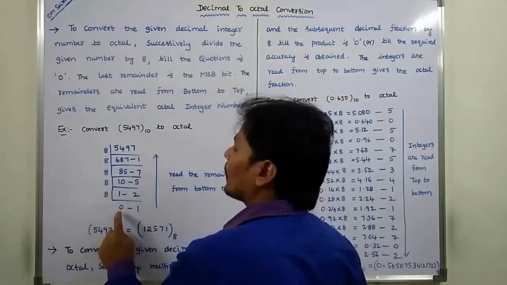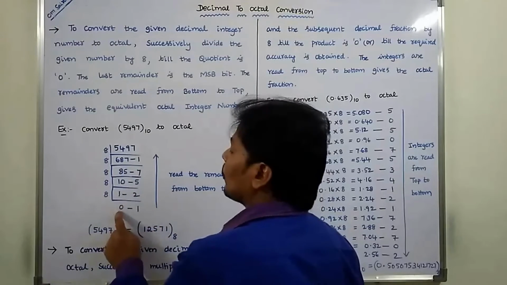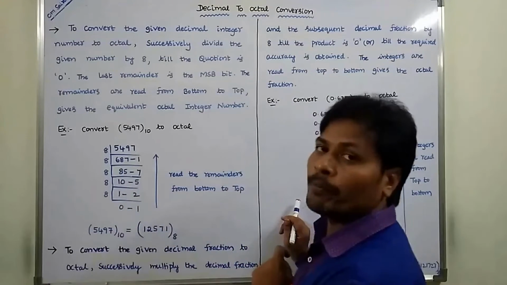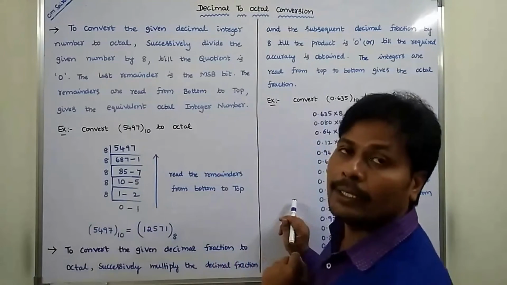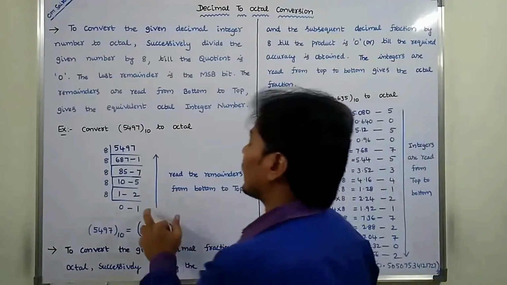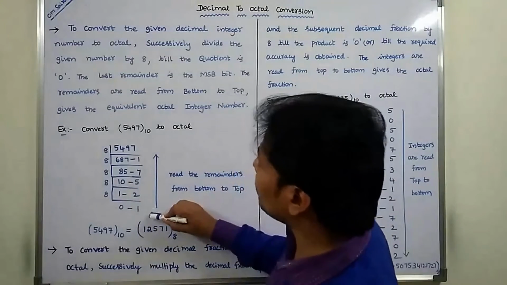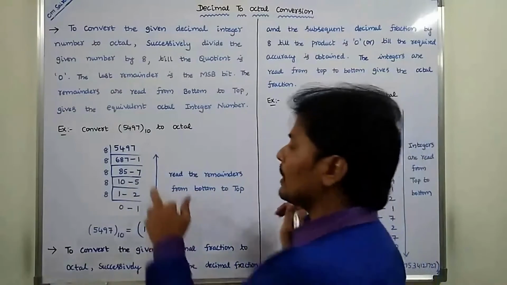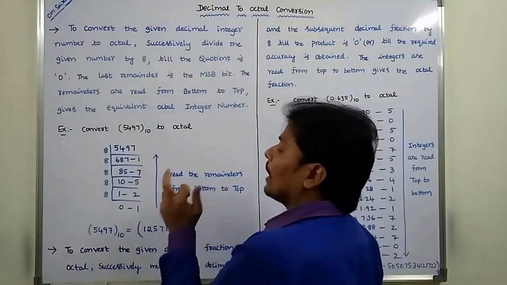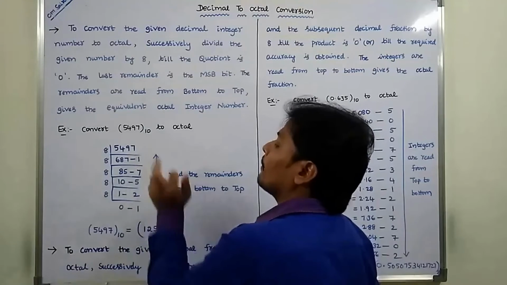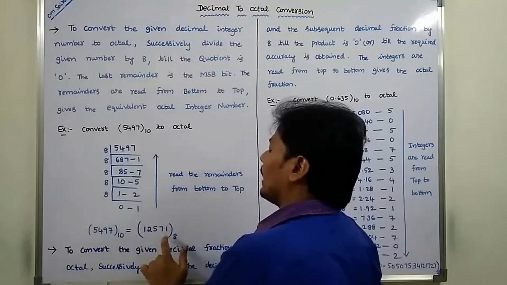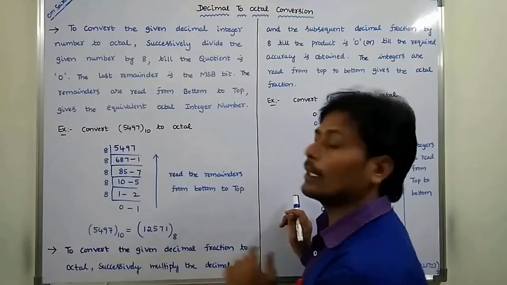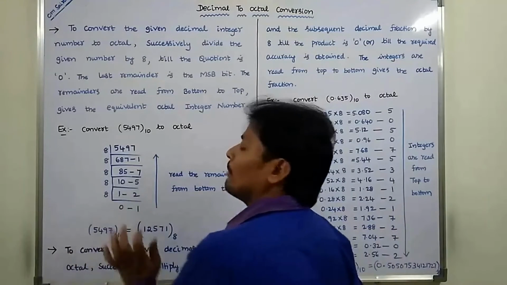These are all our quotients. Whenever the quotient 0 is obtained, we have to read the remainders from bottom to top. So these are the remainders. Read from bottom to top, they give the equivalent octal number for the given decimal number.